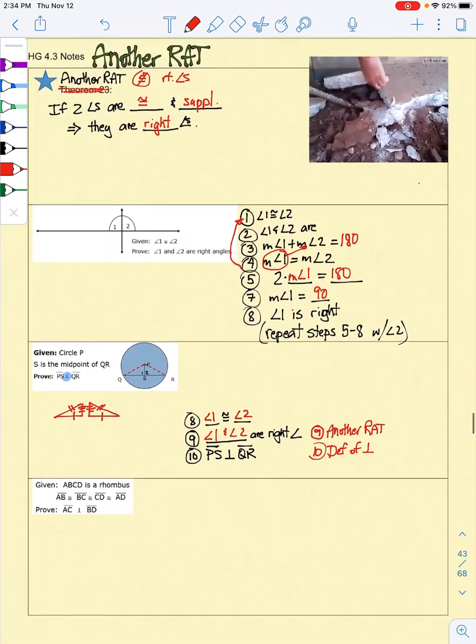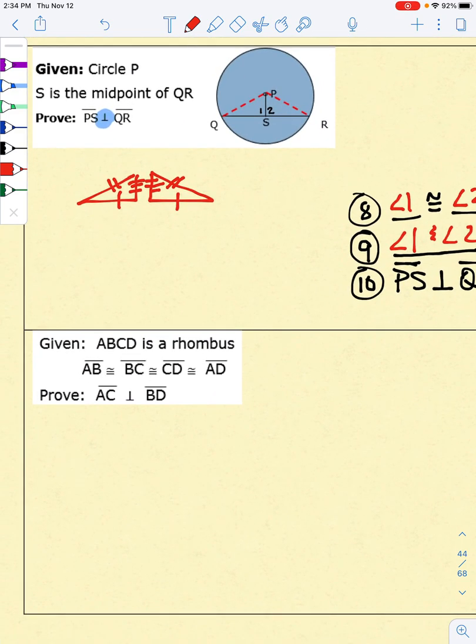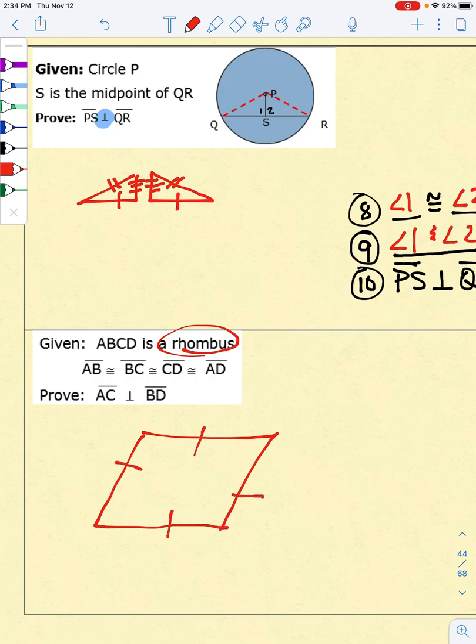I'm not going to go through the second proof here. But again, similarly, you got to draw the rhombus. Okay, there's no diagram. Make sure that you draw it out. And a rhombus means all four sides are the same. So that's what they give us in the diagram. And I need to prove that AC and BD are perpendicular.